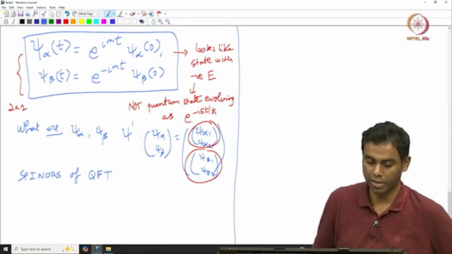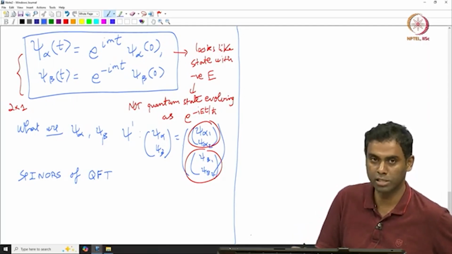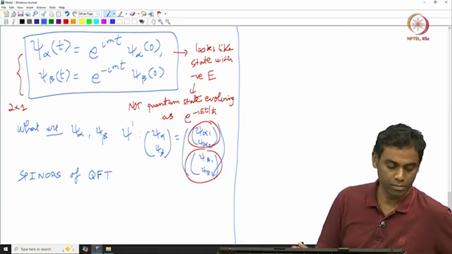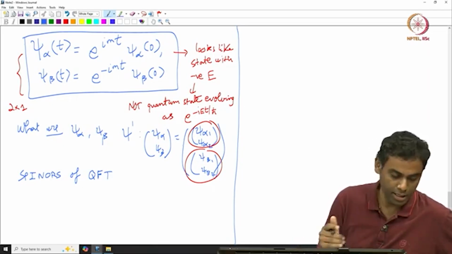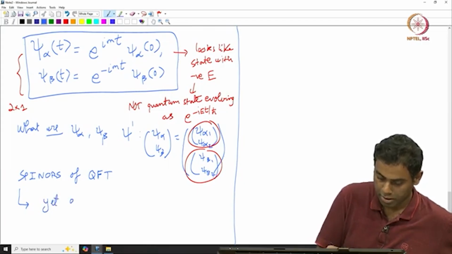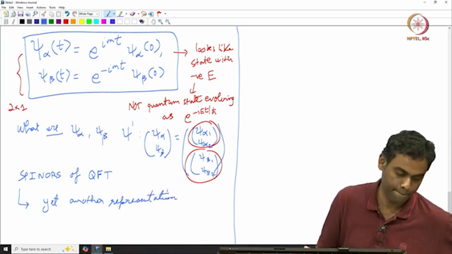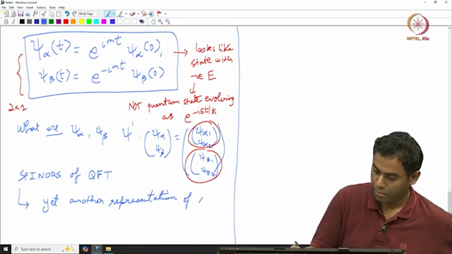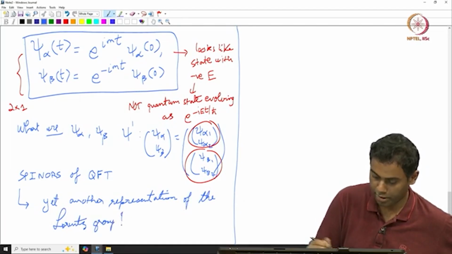As I told you earlier, for quantum mechanics I prefer the word spinors or whatever, but these are the real spinors in field theory, and they are nothing but yet another representation of the Lorentz group.